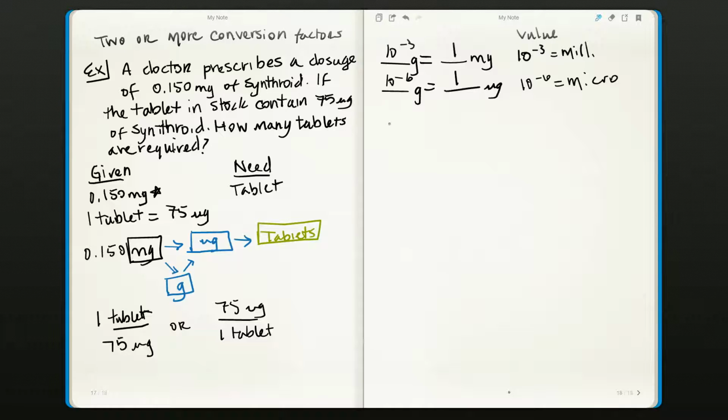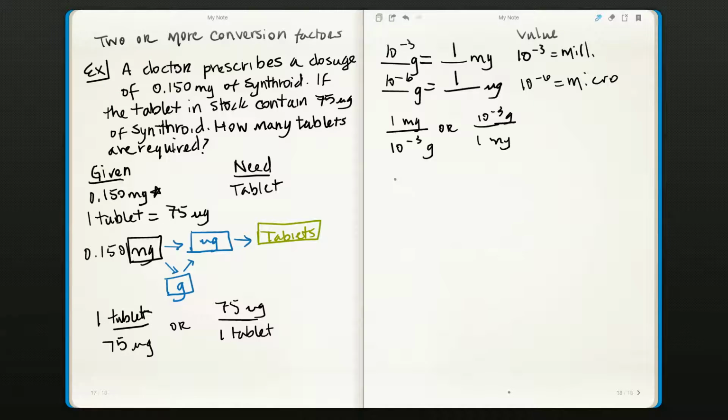So now we can write our conversion factors for those two. We'll start with milligrams. 1 milligram over 10 to the negative third grams, or 10 to the negative third grams over 1 milligram.